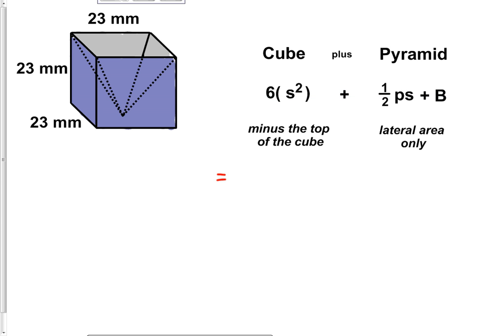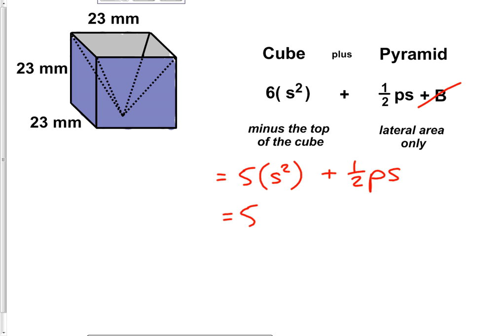So we would have only 5 sides of our cube, 5 s squared instead of 6. And then, of course, adjusting the pyramid's formula, we just take the plus B off because the base was not part of the problem.